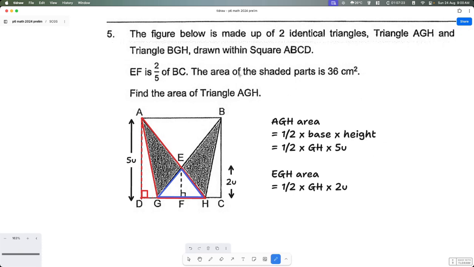Then we also know that this shaded part is 36 centimeters square.